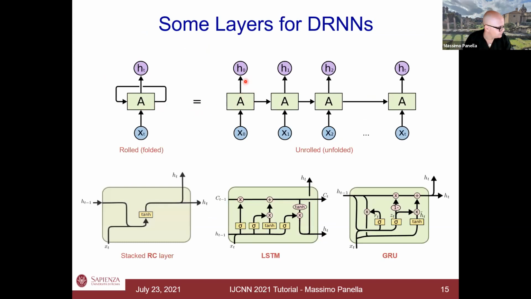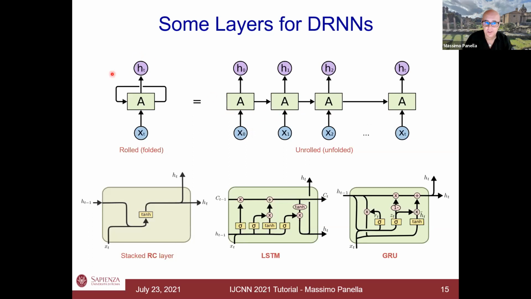What is not really obvious, especially for students at the first approach to deep recurrent architectures, is that usually the architecture is represented in an unrolled, unfolded fashion, which directly applies to backpropagation through time, which is the algorithm used to estimate parameters of a recurrent layer in a deep neural network.